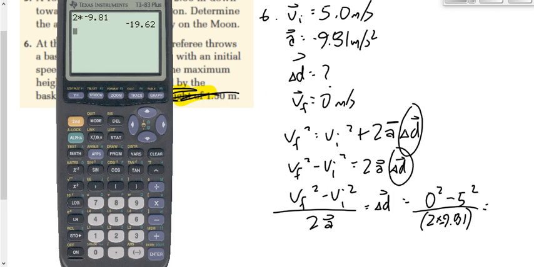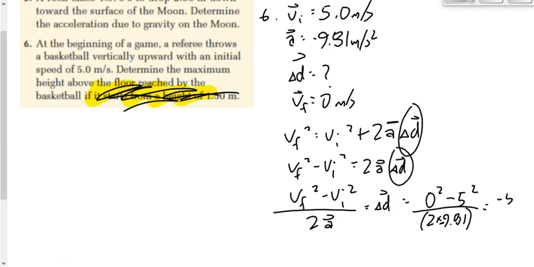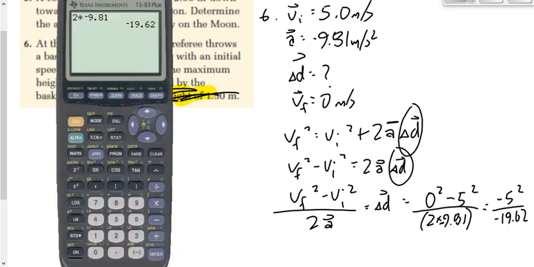And then let's write that down. What's 5 squared? Oh, you know this, right? 5 squared is 25. Negative 5 squared is negative 25. You're not squaring the negative there, right? You're just squaring the number, not the negative sign. Does that make sense?